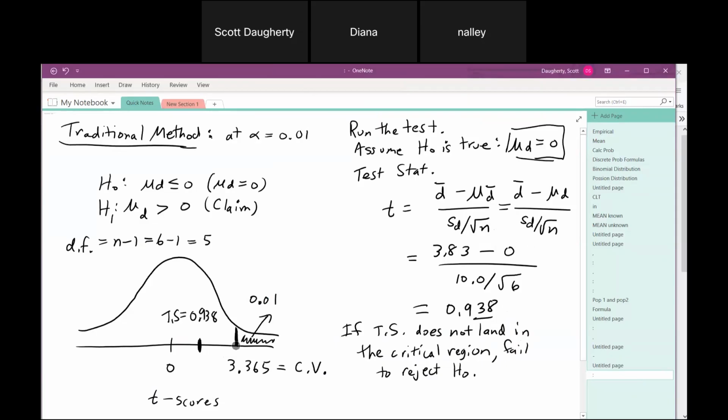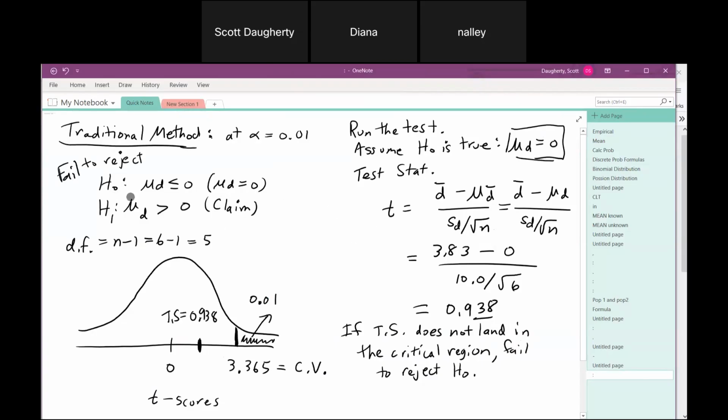Anything more than 3.365 is considered too far. So this seems possible, it reasonably could have happened. So we fail to reject the null hypothesis. Could be that mu sub d is zero. It seems like it could be a possibility here.